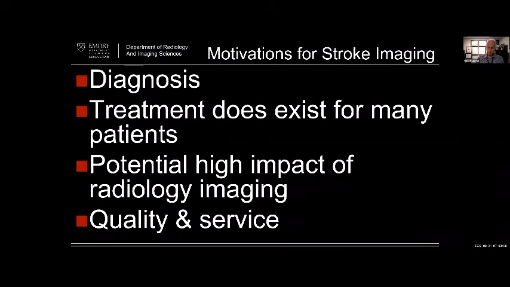Anyway, let's talk about stroke imaging in terms of what we're trying to do. Trying to get an accurate diagnosis as fast as possible, right? And under the circumstances, of being safe and approaching it and trying to get a great diagnosis efficiently. Treatment does exist for a lot of patients.